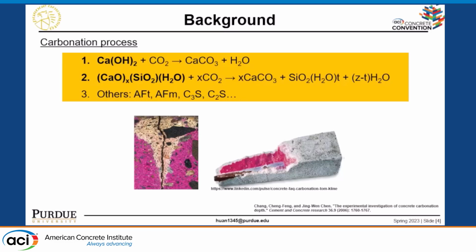Based on our literature review, the carbonation process sometimes can be damaging and sometimes can be good. So we were thinking maybe we add some nanomaterial, maybe we can improve some properties to compensate the loss of other properties of the concrete because of the carbonation.